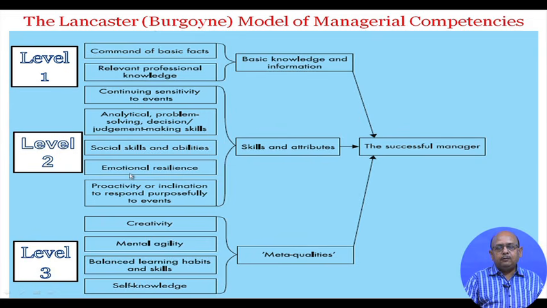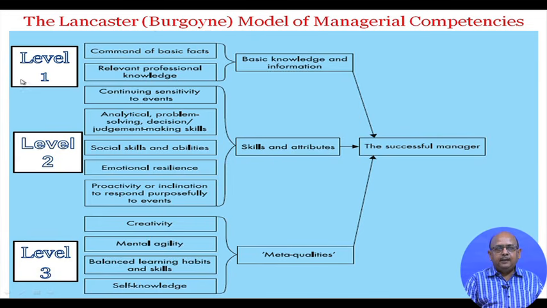At the next level, your social skills are more important: how prepared you are, your emotional readiness, your personality and these kinds of things. And then at the third level, how creative you are, whether you are able to balance your habits, soft skills actually. So this is one example especially related to managerial competence.